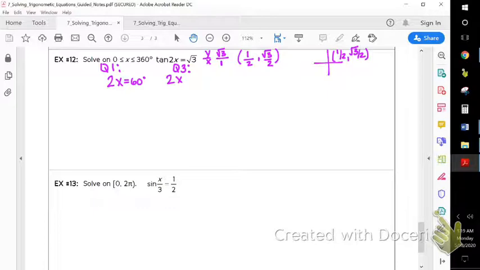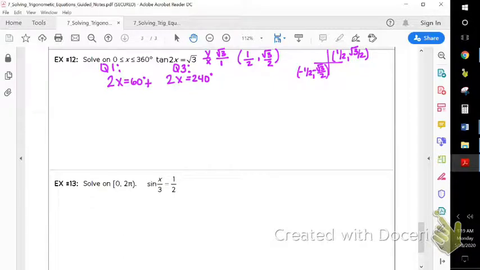And then in quadrant 3, the only difference is we know x and y are both going to be negative. So I want the negative 1/2 and a negative square root of 3 over 2. And that's going to be at 240 degrees. All right, and so what we did before with the multiple angles is we added plus 2 pi n.